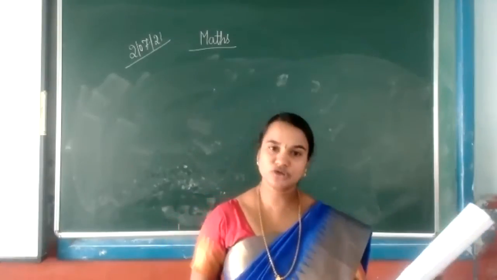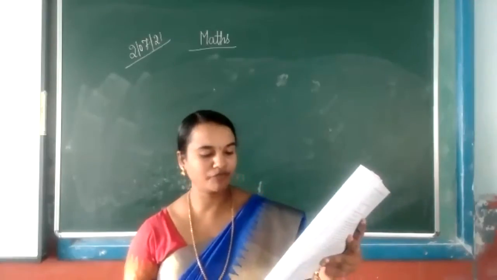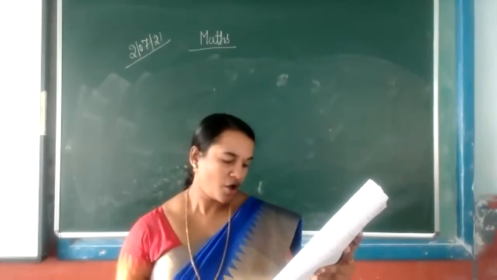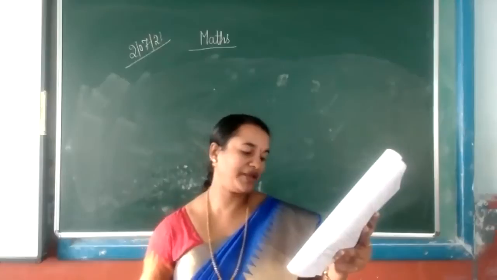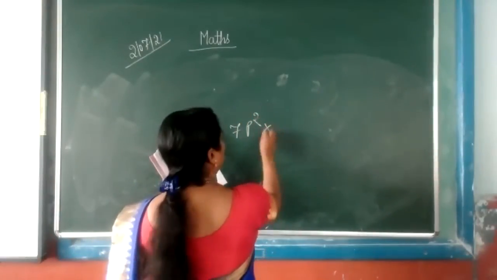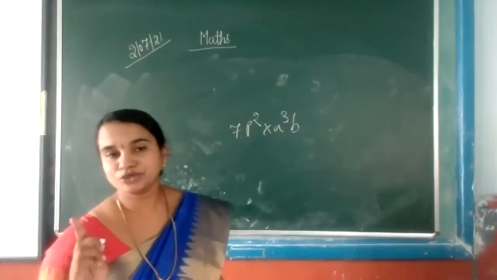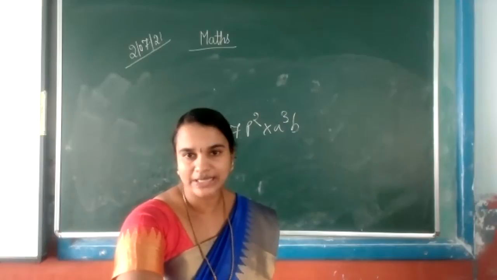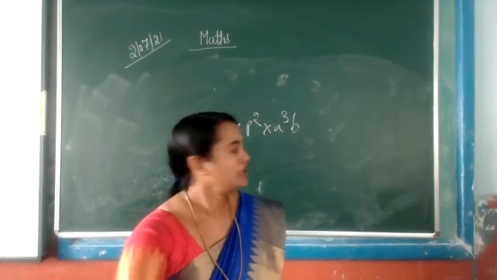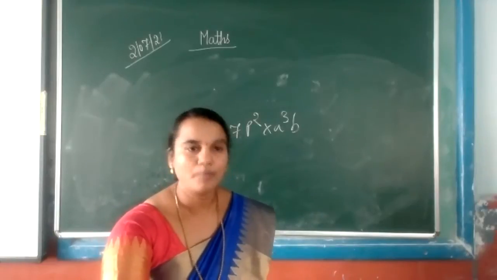First question: identify the monomial, binomial, trinomial from the following algebraic expressions. First one is given 7b square multiplied by a cube b. I told you only plus and minus signs we use to separate the terms. Here multiply is given, so this will be monomial.